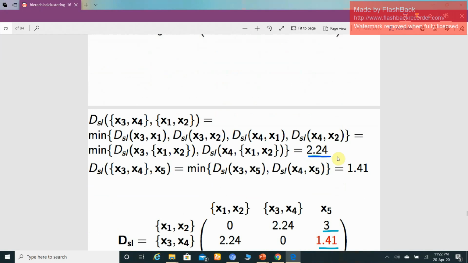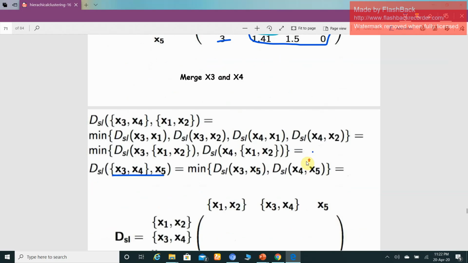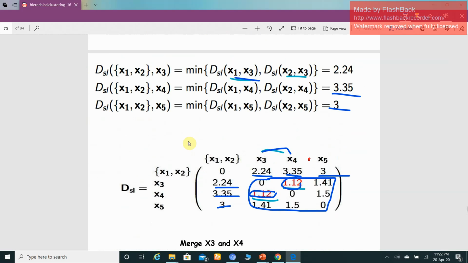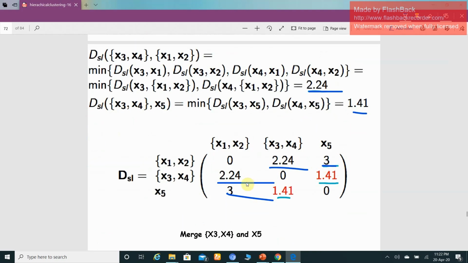This value is 2.24. This value is 1.41. This is 3. Means already you know x1, x2, x5, this minimum is 3, so that's why you have to fill 3 here.